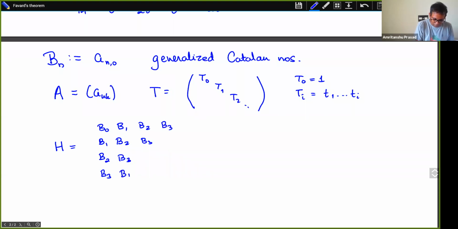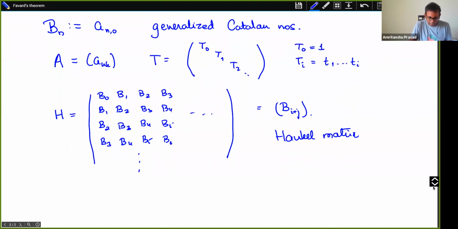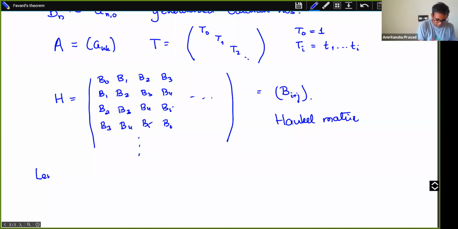You can think of this as an infinite matrix, and the ijth entry is B_{i+j}. So it's called a Hankel matrix. And the main computation here is the following: A transpose T A is equal to H.